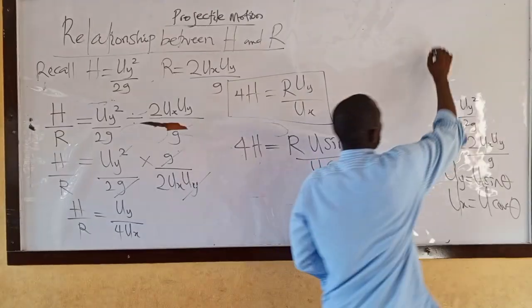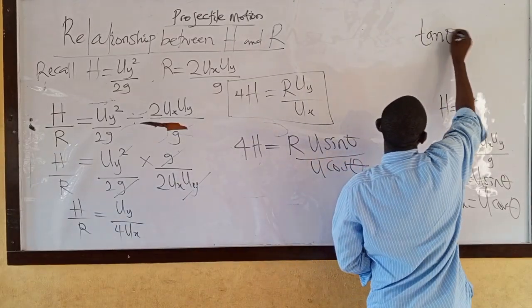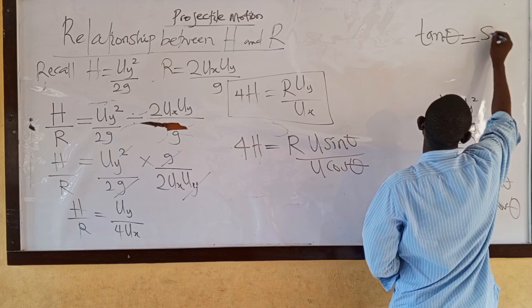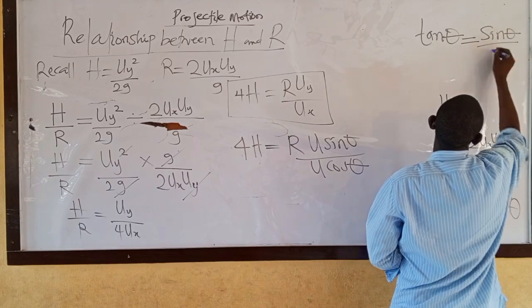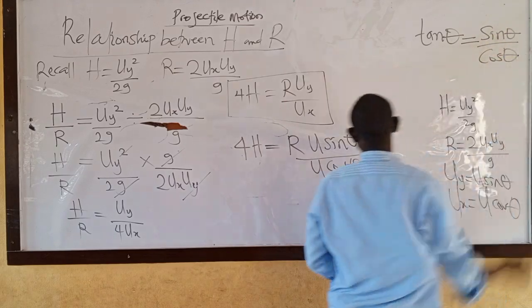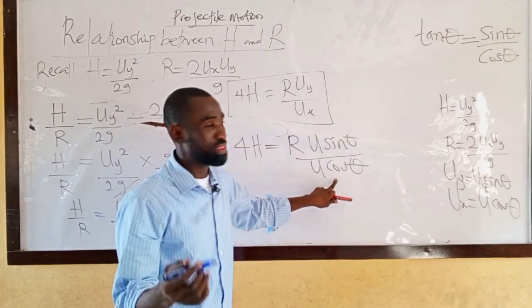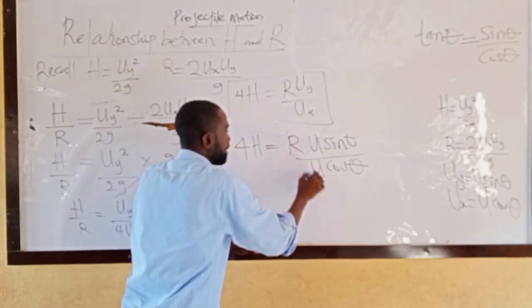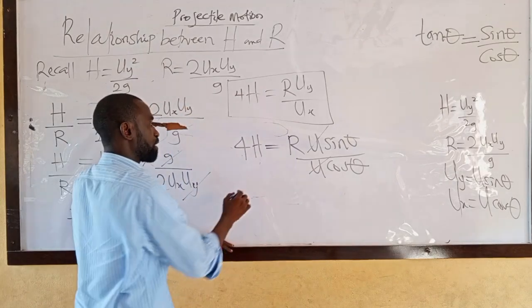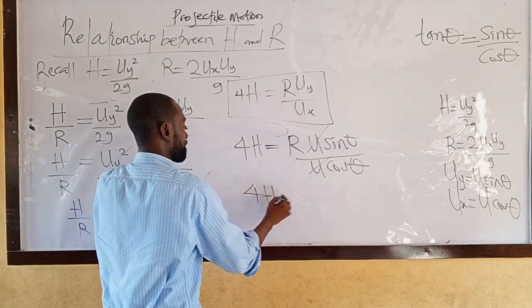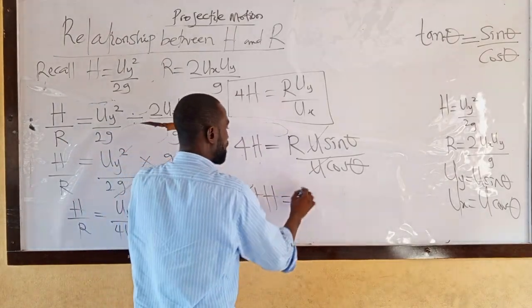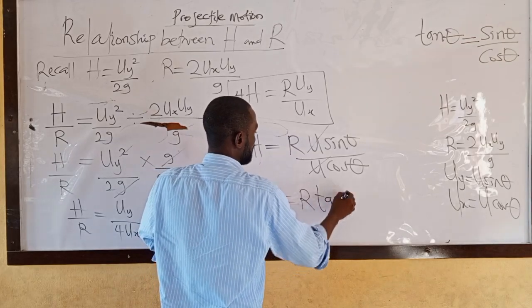Under trigonometry, we recall that tan theta is equal to sine theta all over cos theta. So sin theta over cos theta becomes tan theta, and our U cancels. So our 4H is now equal to R tan theta.